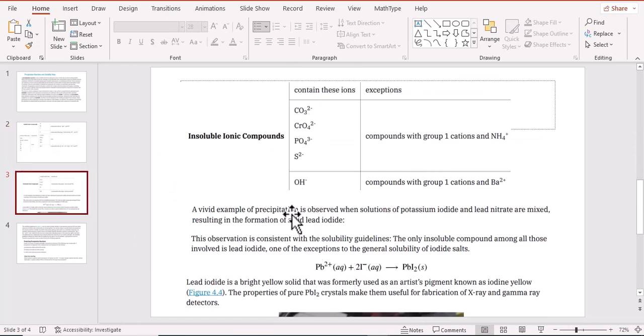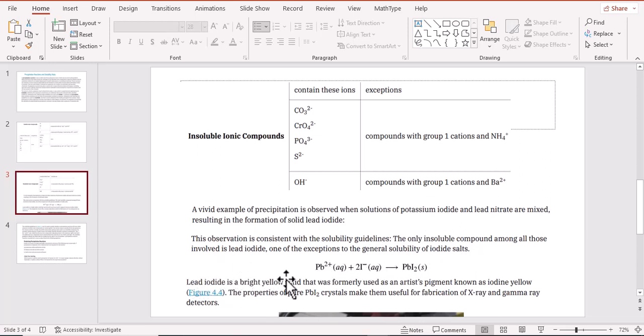Now let's read this. This observation is consistent with the solubility guidelines. The only insoluble compound among all those involved is lead iodide, and we saw that because of the exception, one of the exceptions to the general solubility of iodide salts. So this is what we get.